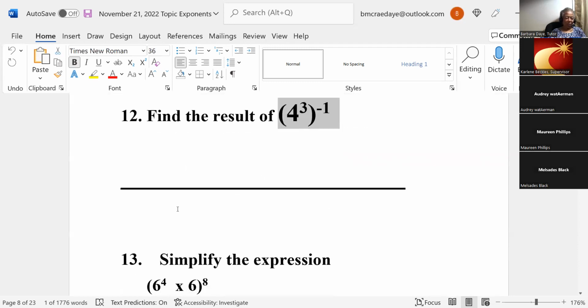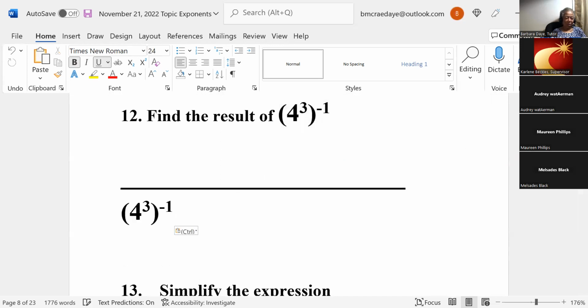Once you flip this, what is this equal to, Maureen? 4 to the third to the negative 1 power will be 1 over 4 to the third. Remember, you say you flip it, so you put 1 over 4 to the third, and that would be to the positive 1. Let's underline that.